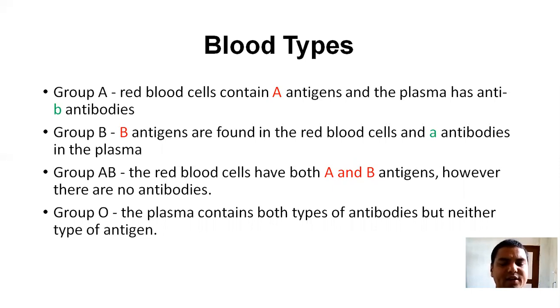Group AB. The red blood cells have both capital A and capital B antigens. However, there are no antibodies. Blood group O. The plasma contains both types of antibodies, but neither type of antigen is present in blood group O.